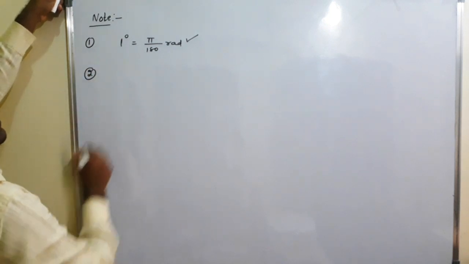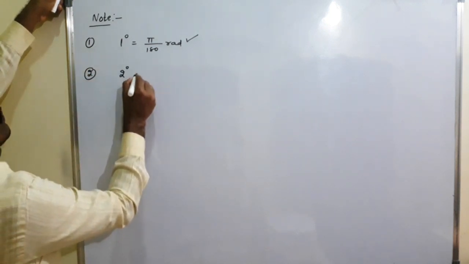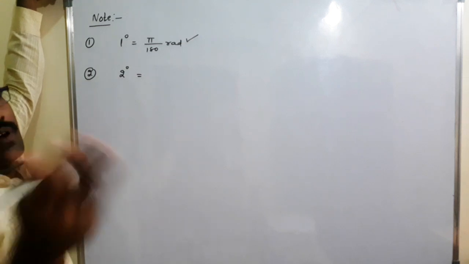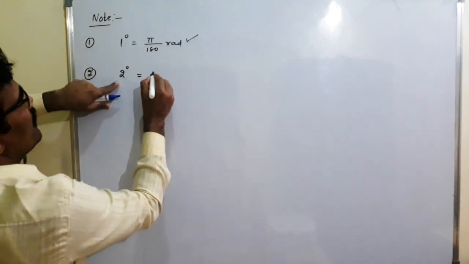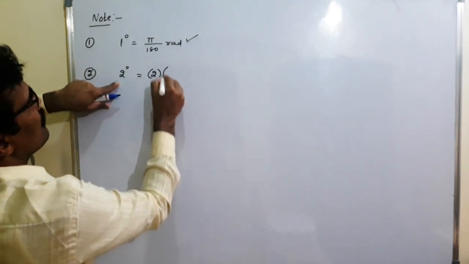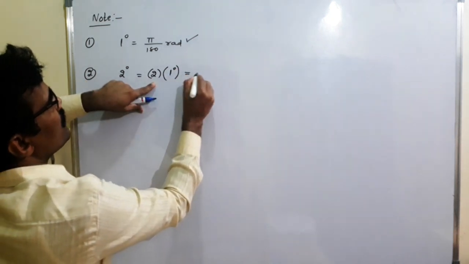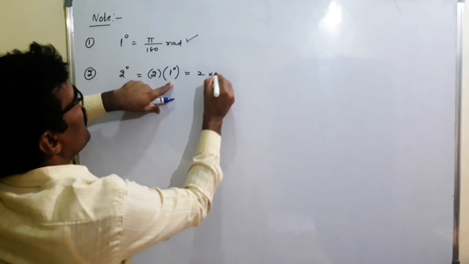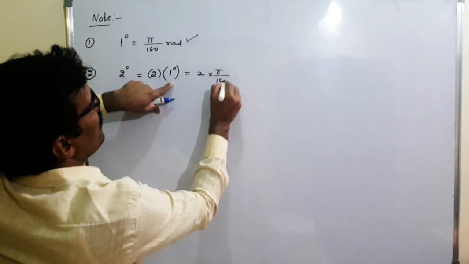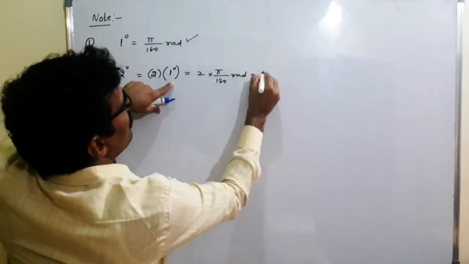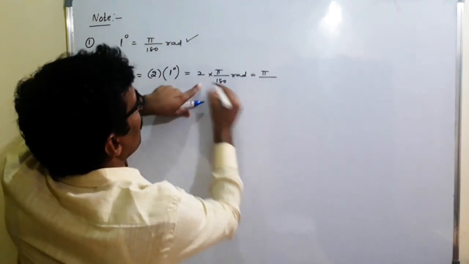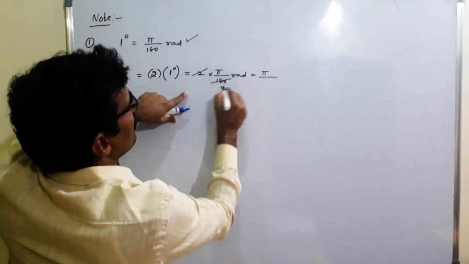I want 2 degrees value in terms of radian. 2 degrees is nothing but 2 into 1 degree, which is equal to 2 into pi by 180 radian, which is equal to pi by 90.